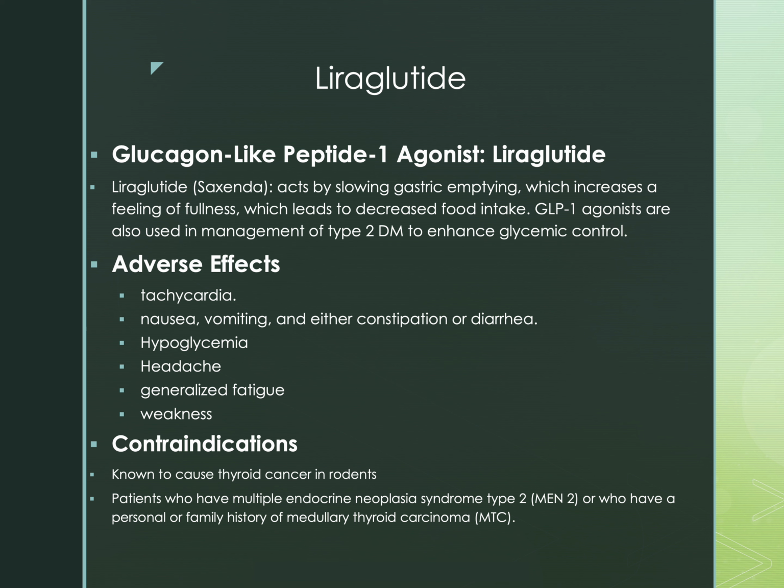There are some adverse effects to consider. There are cardiovascular effects actually. 1 in 20 people will develop tachycardia, up to about 20 beats a minute above their baseline. But more commonly, you're going to get the GI effects: nausea, vomiting, either constipation or diarrhea. You're going to hear complaints about dyspepsia and abdominal discomfort.